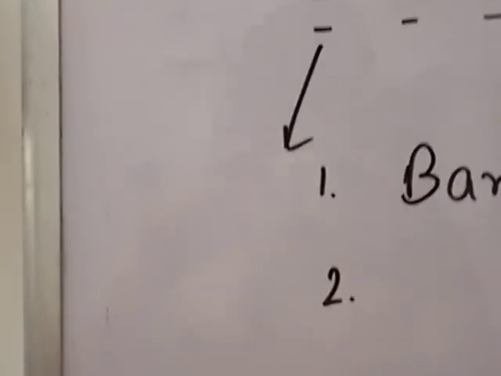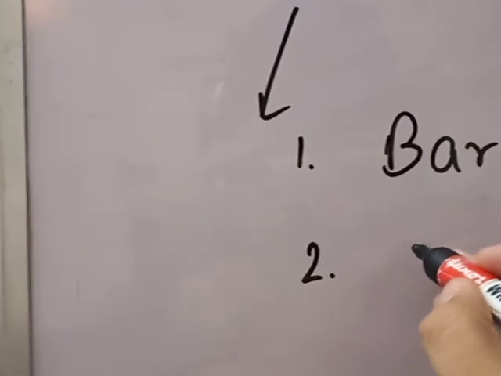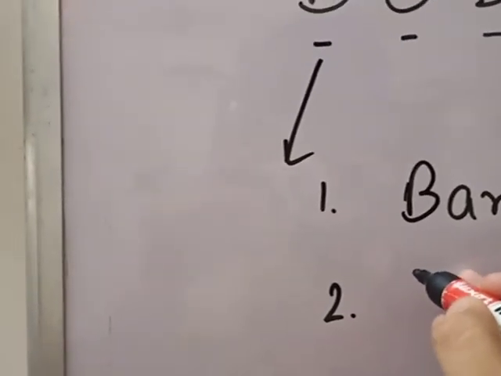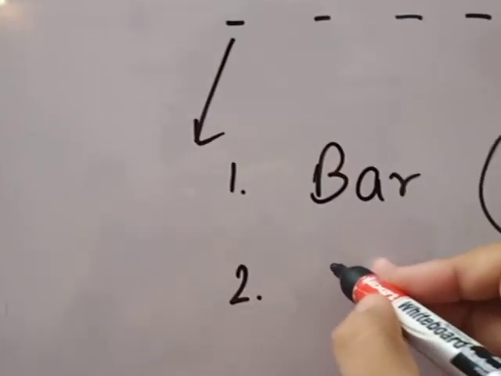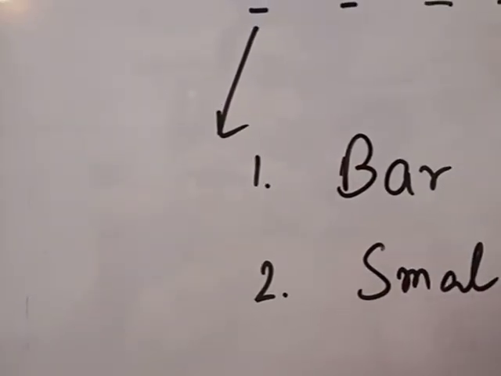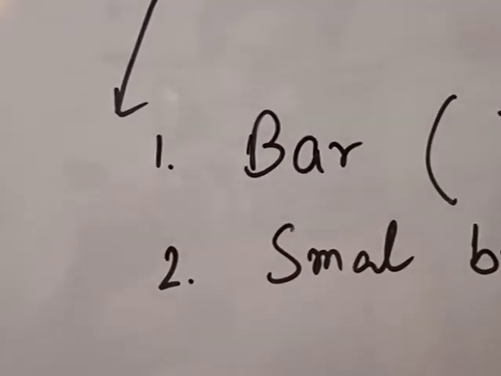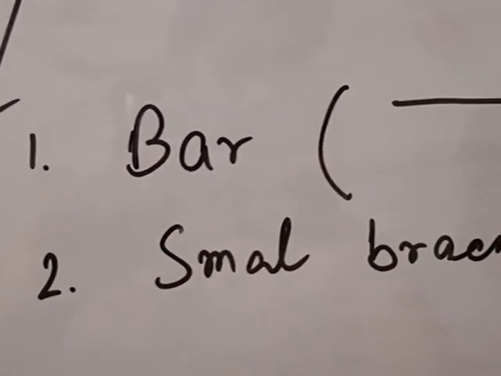Number 2, that is first bracket, called small bracket or parenthesis, also round bracket. The sign is like that.